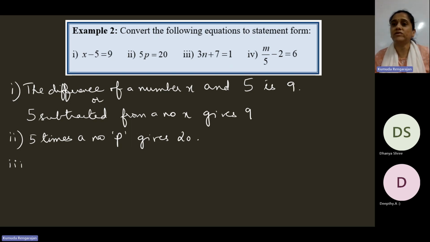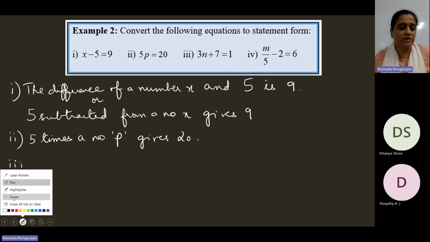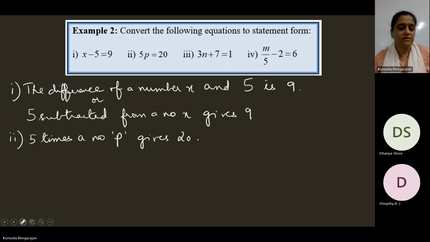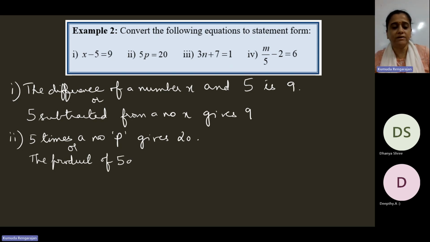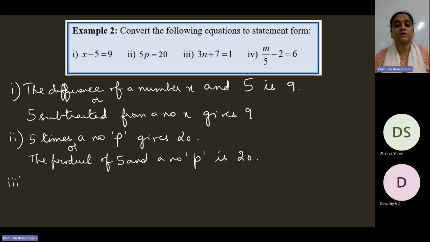The product of 5 and a number p is 20. Very good. Next one.